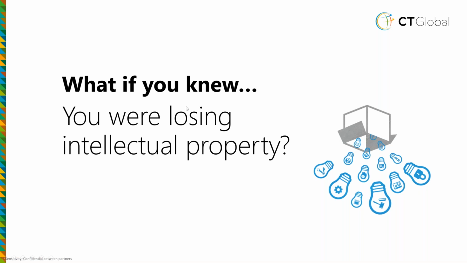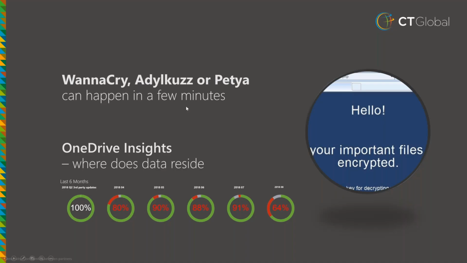There are also other things. 2017 was kind of ugly for most of us in IT. We had WannaCry, we had Petya, and for a lot of us that was really eye-opening, and we know it can happen in just a few minutes. Normally, if we take WannaCry, we already knew ahead of time.